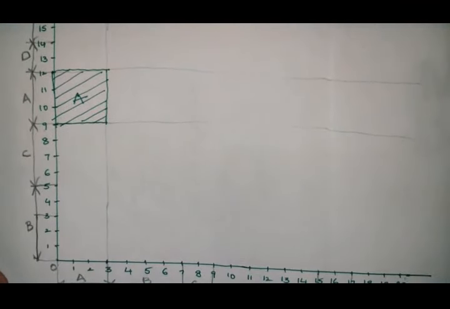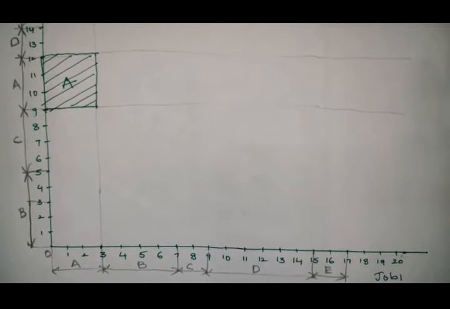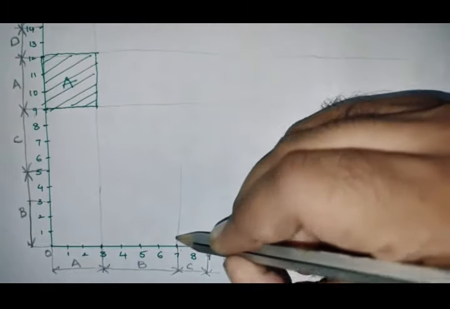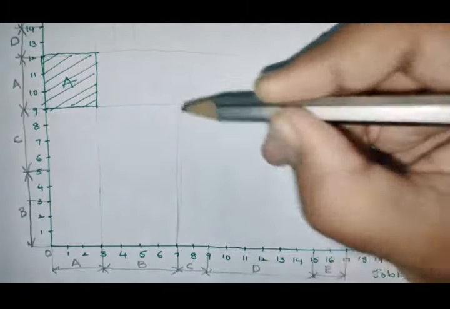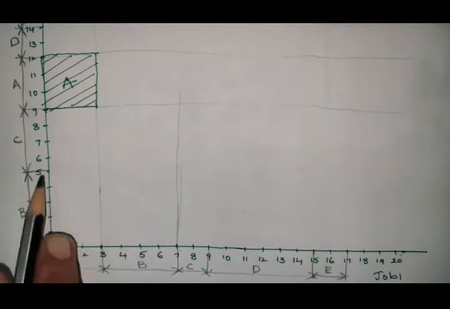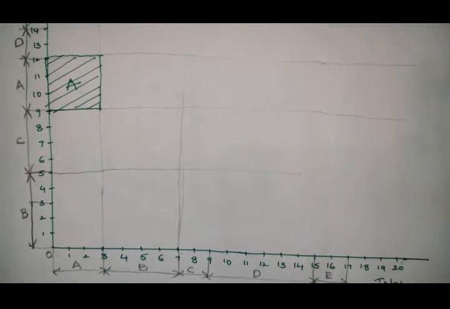And next, let us identify the common region for mission B. So for mission B, it is 3 to 7. So now from 7, I am going to draw a rough line. So for B on job 2, from 0 to 5. Right? So now represent the common region.